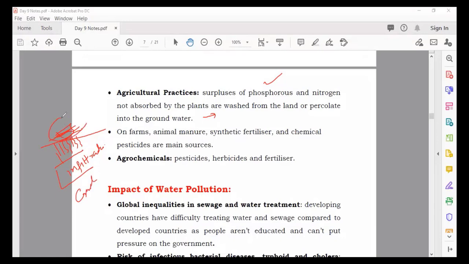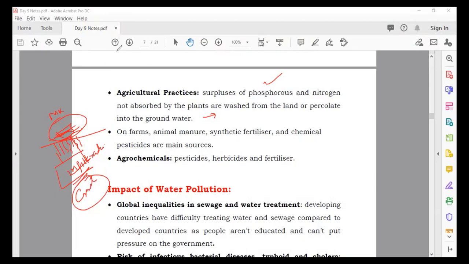And if this water above the ground is mixed with chemicals like phosphorus, or some kind of acid, then it will mix with the groundwater, so it will make the groundwater also polluted. So that also affects the pollution of the water.